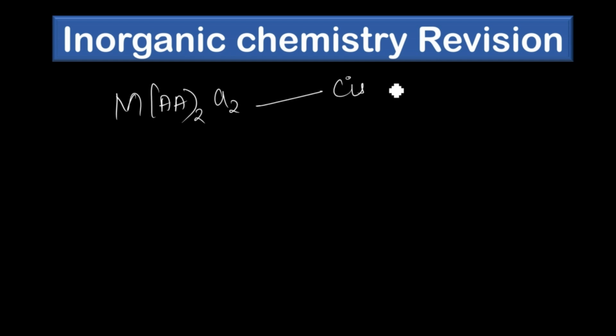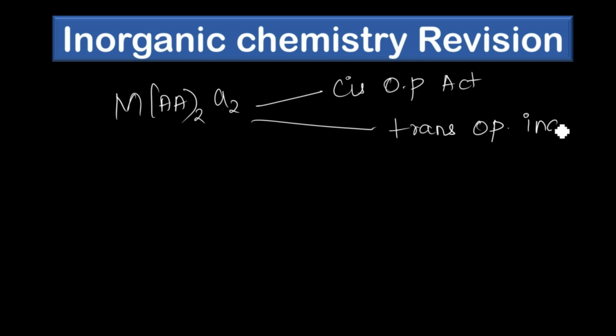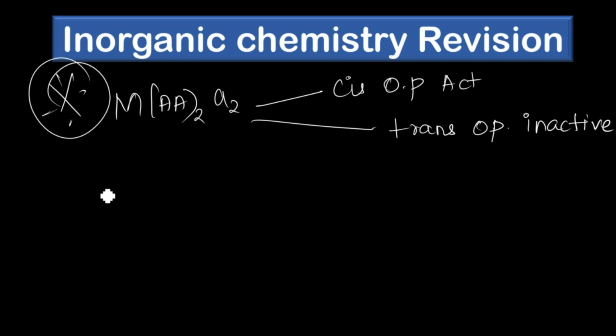The cis is optically active, trans is optically inactive. Just remember. Okay, the question will be asked from this particular category. So please be careful with that. Cis is optically active and trans is not.